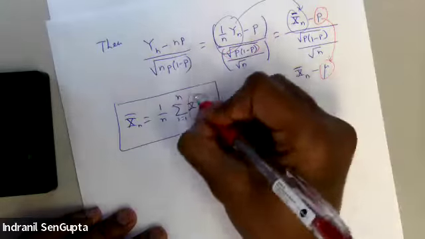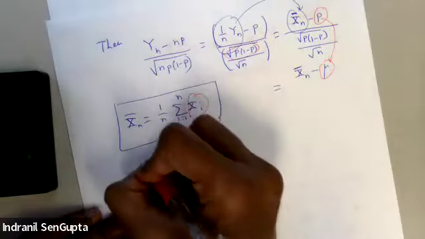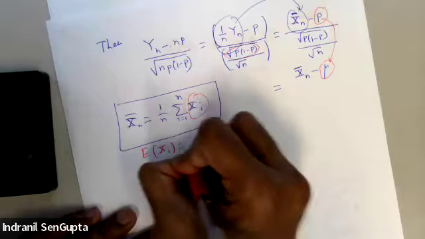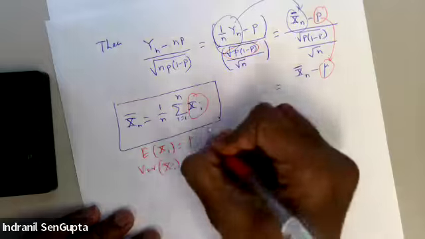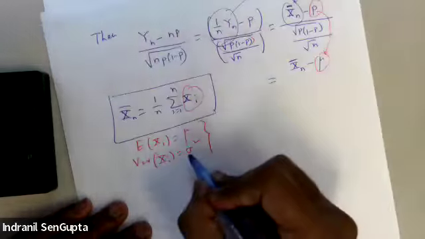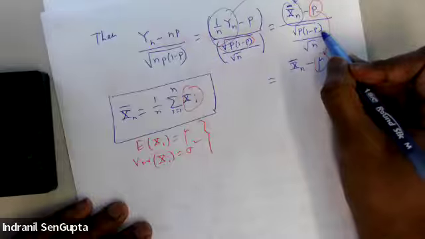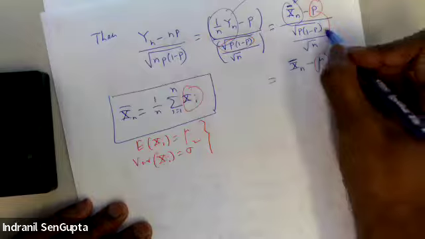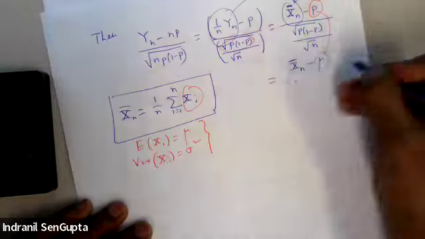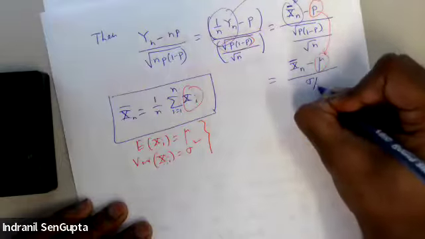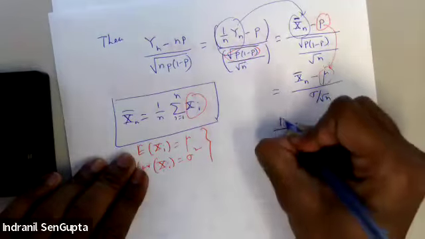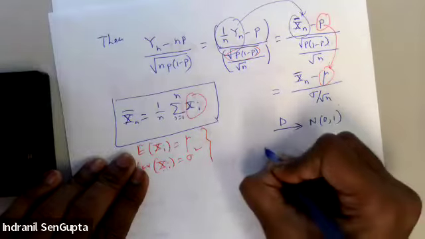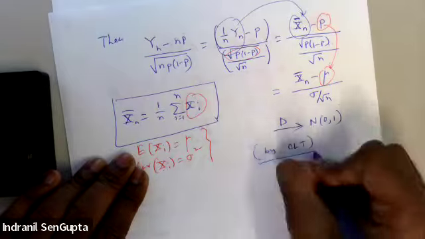The expected value of the xi's is called mu, and the variance of the xi's is called sigma squared. Of course, we know those. The variance of the xi's is p times 1 minus p. So the square root of the variance is sigma, and the denominator is sigma over square root of n. Now this format is very familiar to us. It goes in distribution to the standard normal. How? By the central limit theorem.